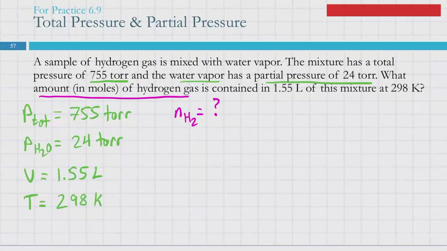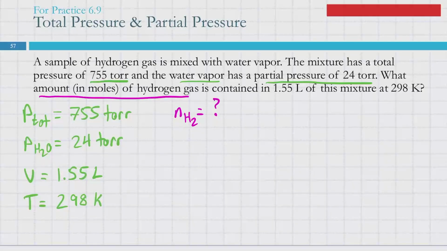If we're trying to get to the number of moles of H2 and we've got volume and temperature, what's an equation we might be able to use to get number of moles? What's an equation that has n in it? Yeah, our ideal gas law.